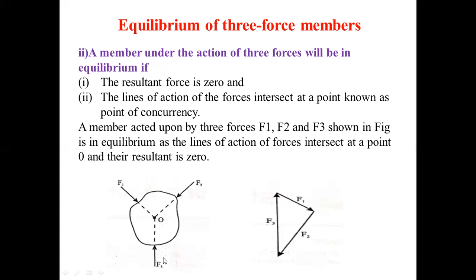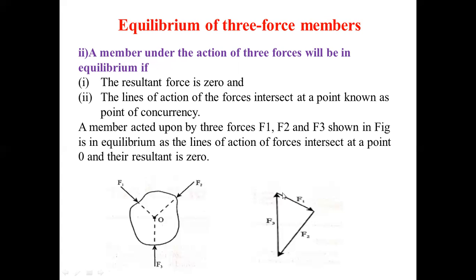For example, F3 is in the vertical direction like this. So we draw F3 by taking some suitable scale. For example, F3 is 100 newtons. So by taking a suitable scale, we construct F3 in the same direction as F3. Next, F1, if it is 200.